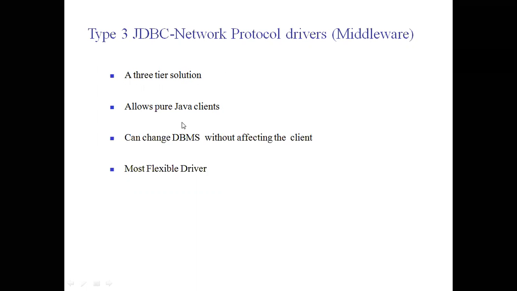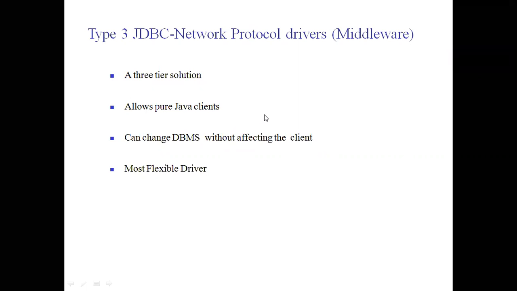These drivers are also written in pure Java code. This driver can change the DBMS without affecting the client, that is, without modifying the client side front end application. This type of driver is the most flexible compared to type 1 and type 2.